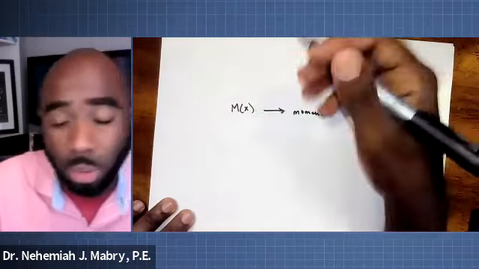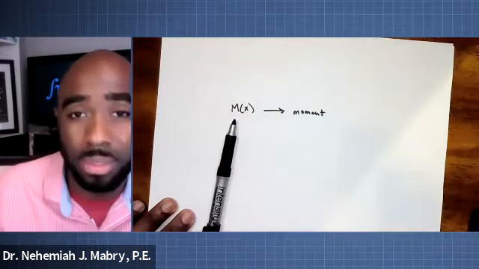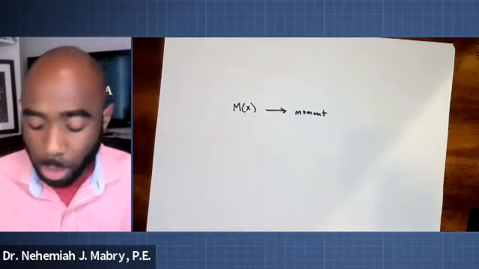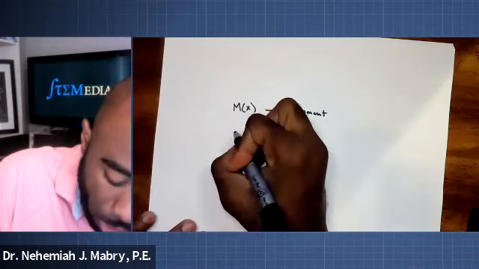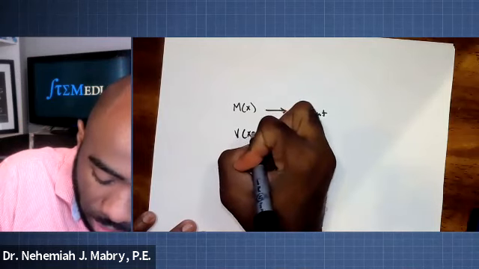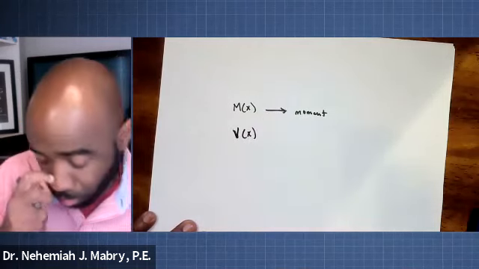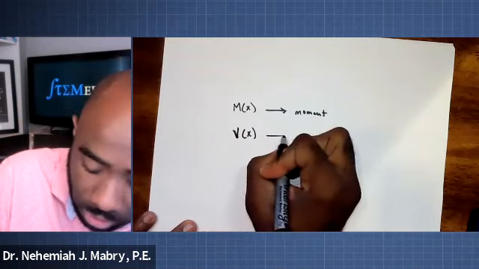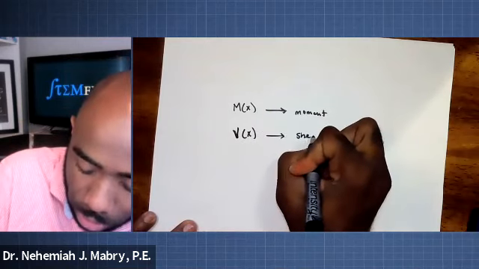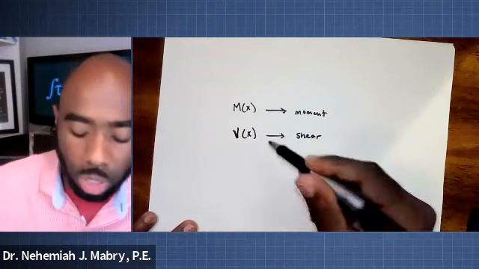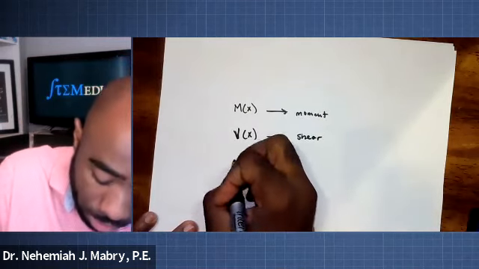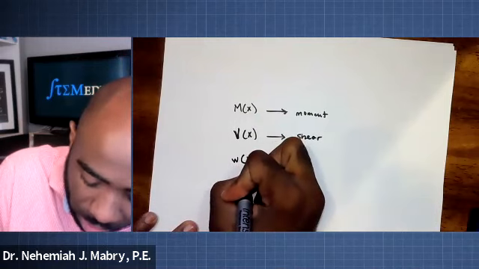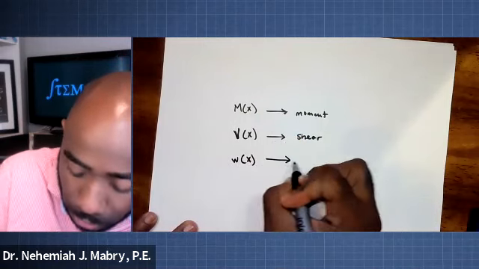That means that if you take the derivative of the moment, you get the shear, big V of x. And if you take the derivative of the equation for shear, you get the equation for the load.